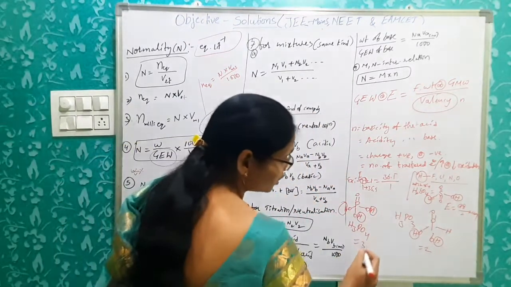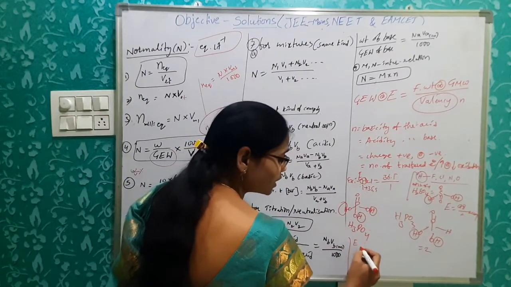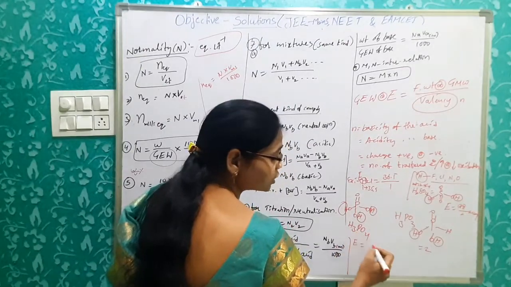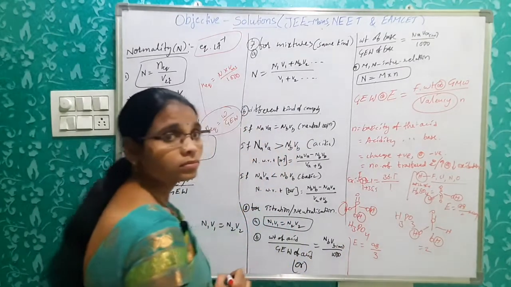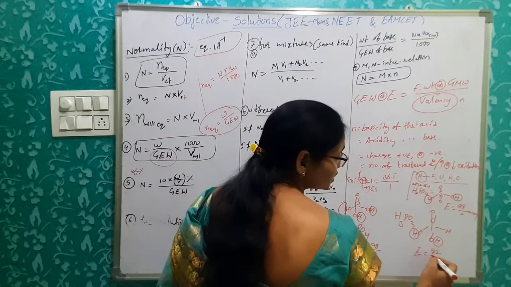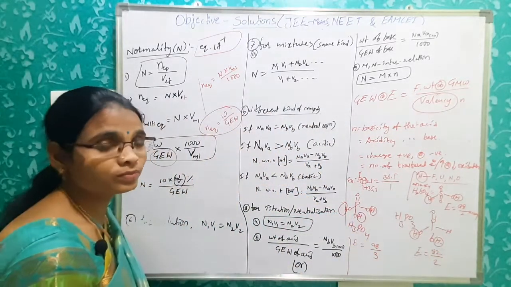Clear? Now the formula weight of phosphoric acid is 3 plus 31 plus 64, again 98, by how many hydrogens? 3. Now the formula weight of phosphorus acid is 82, 2 hydrogens are replaceable, so basicity is 2.